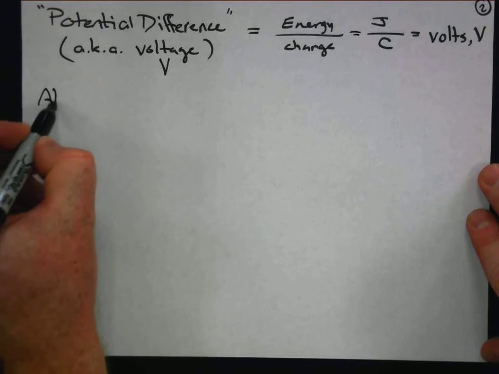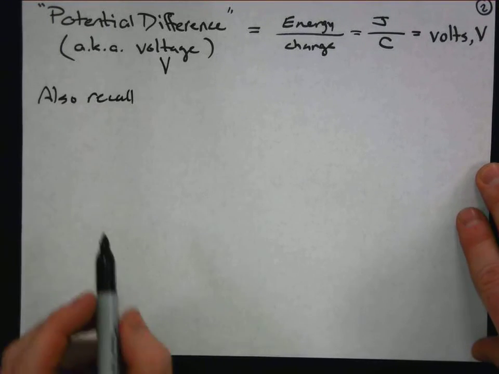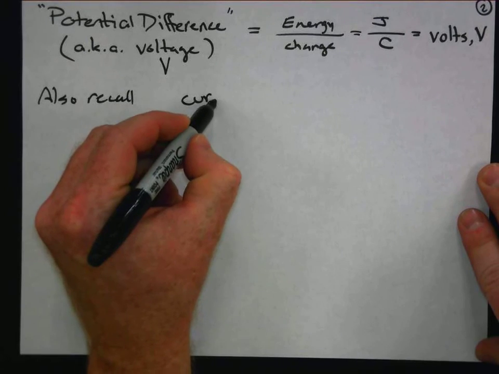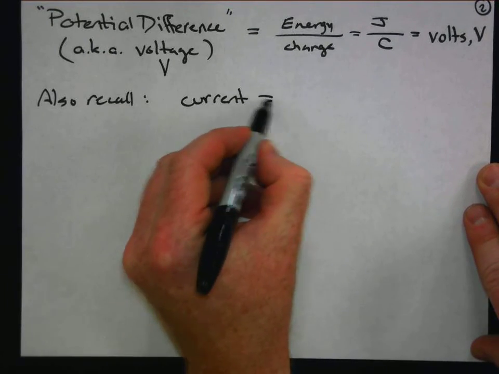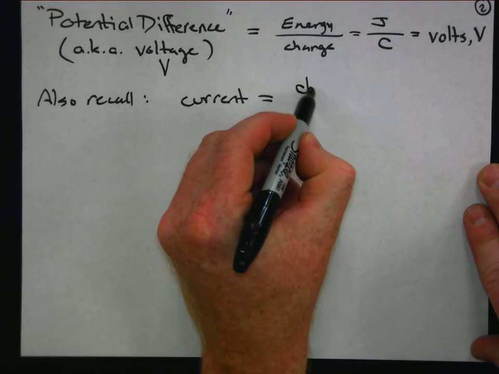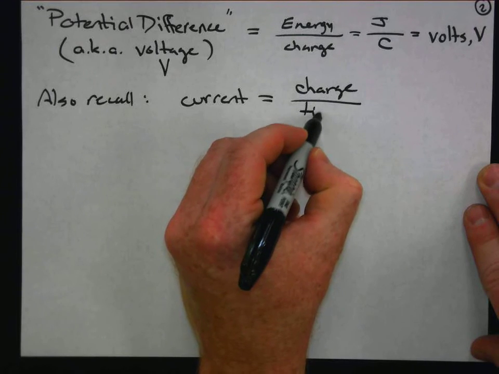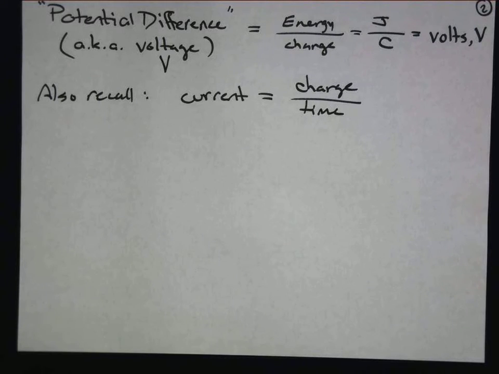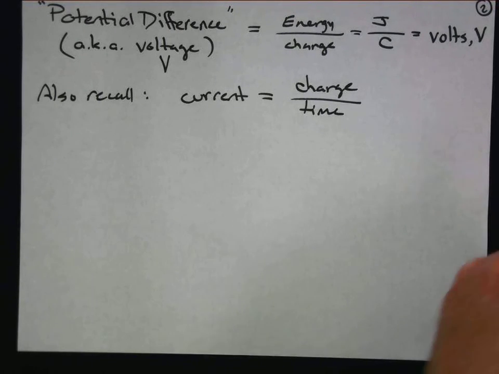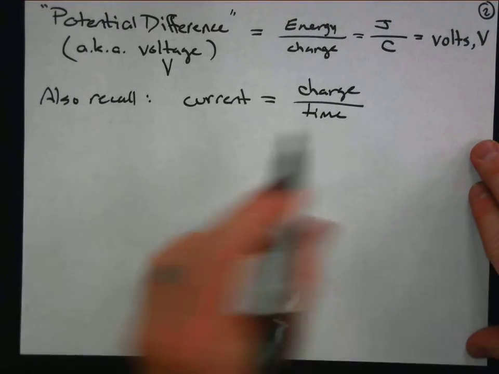Also, I'd like you to recall that current, what does that represent? That's an amount of charge divided by time. So how much charge flows in a certain amount of time. And so this is real cool. Watch what we're going to be able to do. We're going to be able to take this expression for current in an electric circuit.